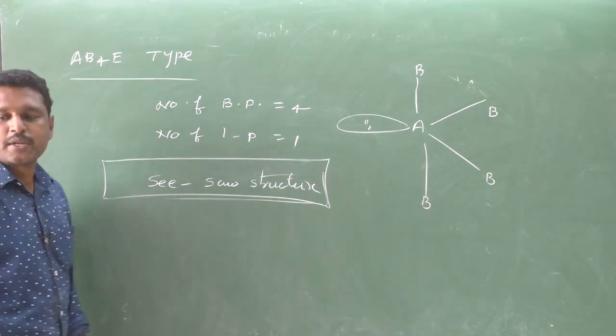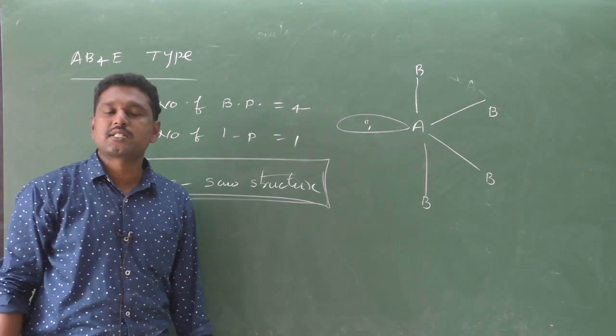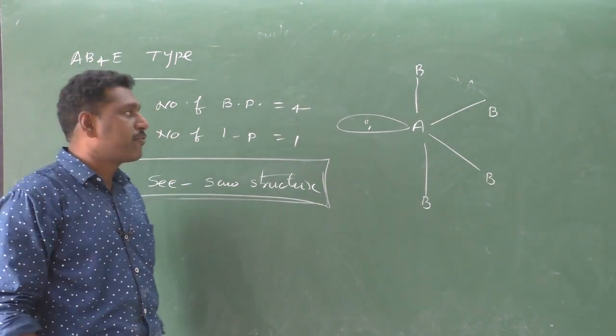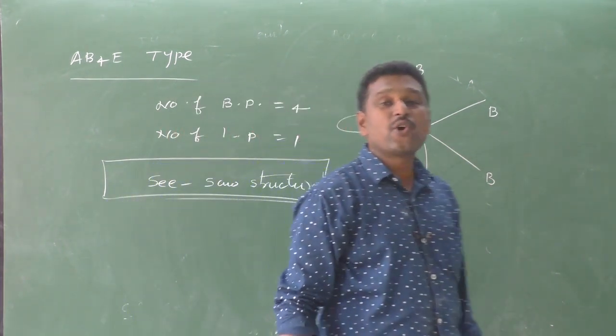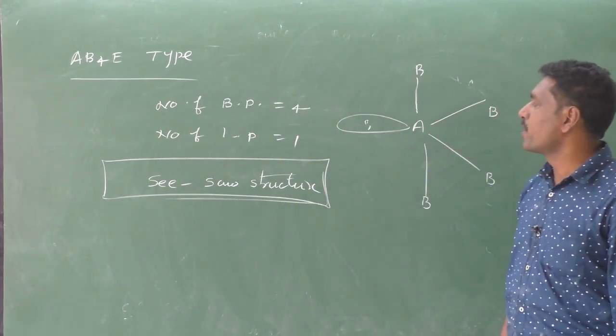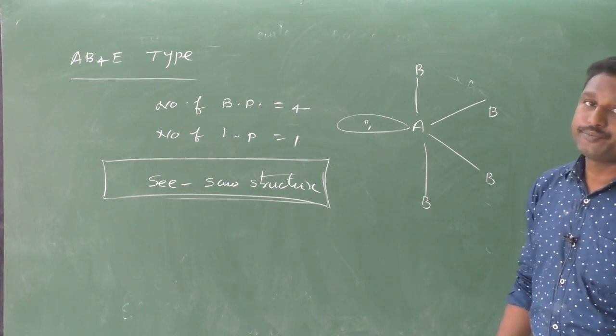The actual structure is trigonal bipyramidal, as in PCl5. Five bond pairs are there in PCl5. A trigonal bipyramidal structure is there, but here with a lone pair.